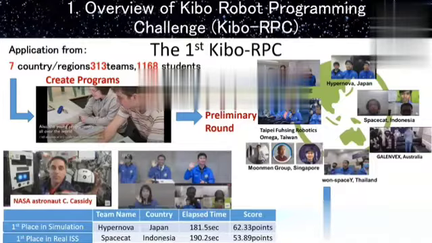After the preliminary round, the teams modified their programs to fit the on-orbit environment and went to the final round. At the final round, 2 hours were given, one for the simulation and the other for the actual on-orbit results.